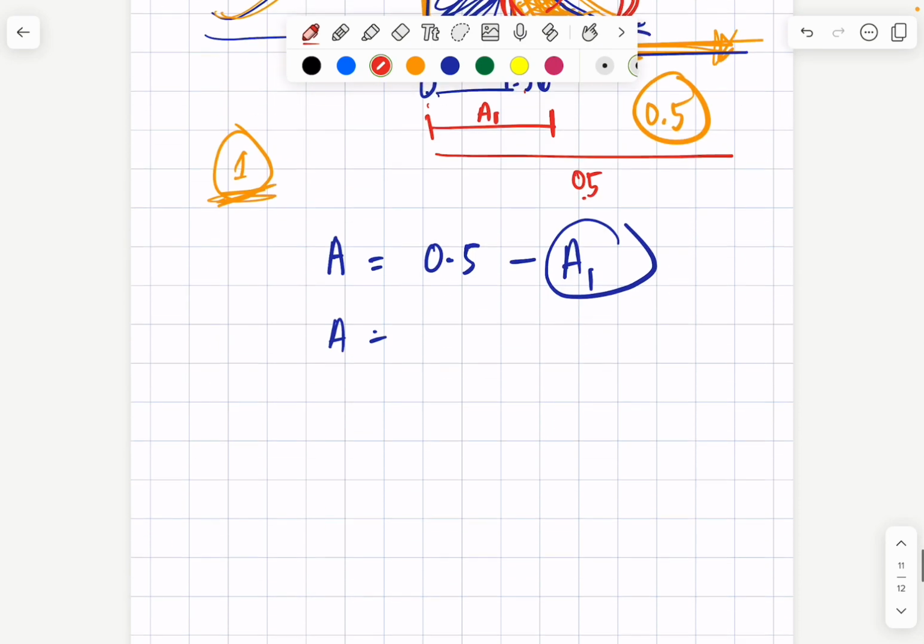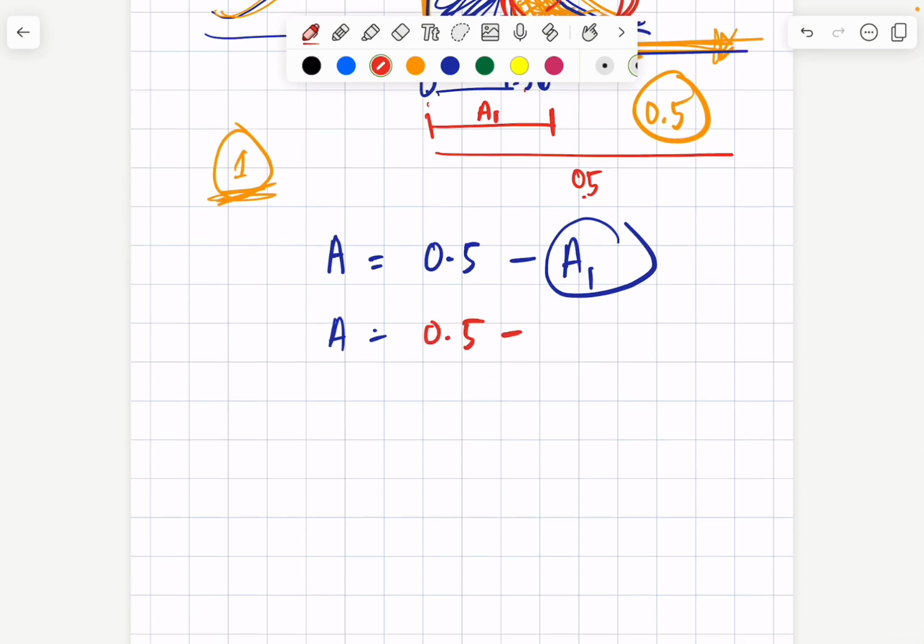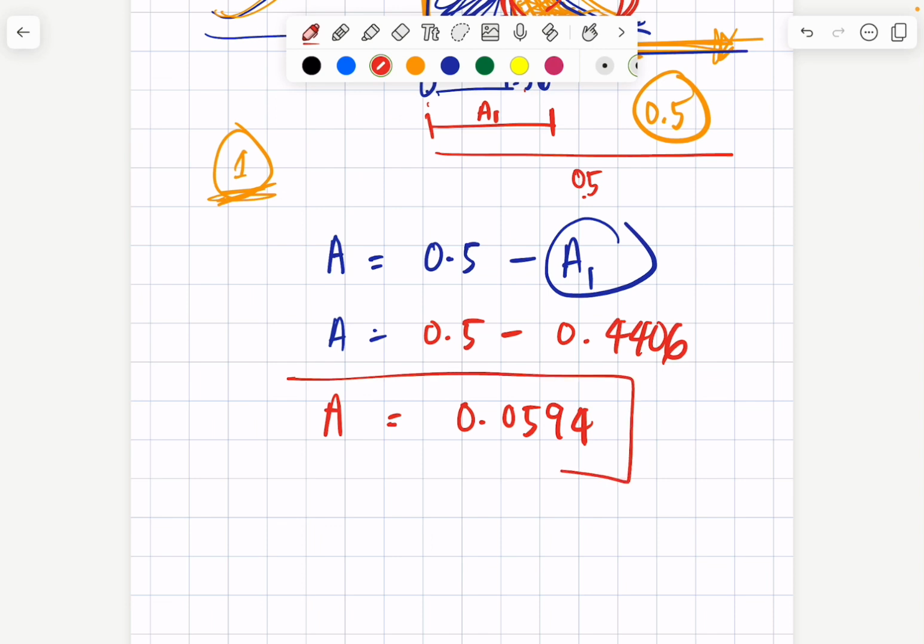So, 0.5 minus 0.4406. So, A is equal to 0.5 minus 0.4406. So, that is 0.0594. So, that will be your area.